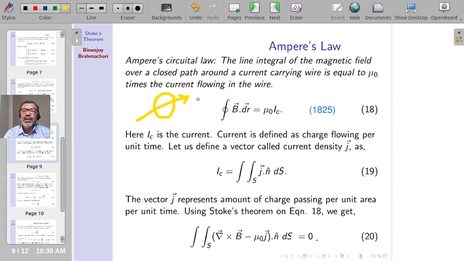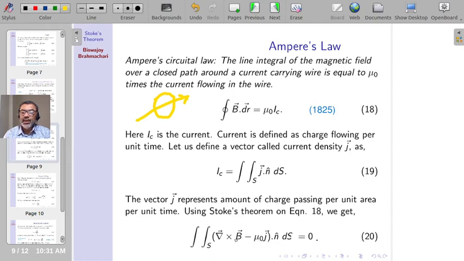Now we can write I_C as the double integral over surface S of j · n ds, and this ∮B·dr using Stokes theorem can be converted to the surface integral of curl of B. So these two equations together now will give me (curl of B minus μ0 j) · n ds equal to 0, because here is μ0. So μ0 I_C will give μ0 j.